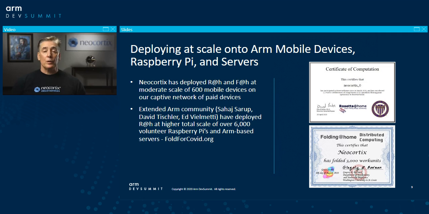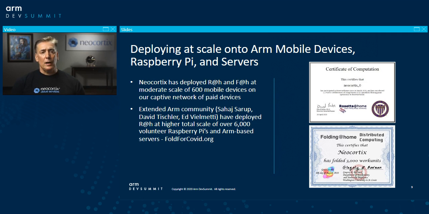But we weren't the only ones doing deployment. The extended ARM community, Sahaj Sarup at Linaro, David Tischler at Mininodes and Balina, and Ed Vielmetti at Packet.com, each had their own different approaches to deploying. Sahaj and David, I believe, were focusing largely on Raspberry Pi devices, but not exclusively, also on other devices that they had in their labs.